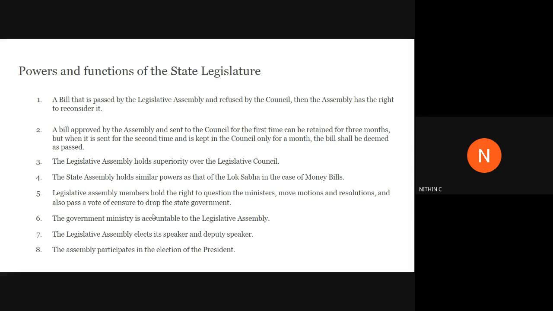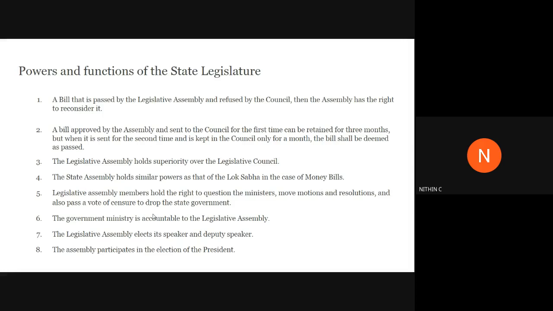So a bill has been approved by the legislative assembly and is sent to the legislative council with the approval of the speaker. When it is sent for the first time, it can be retained there for 3 months.